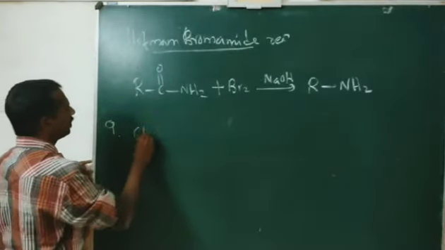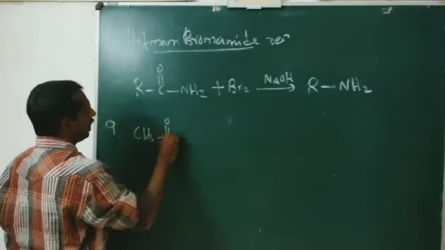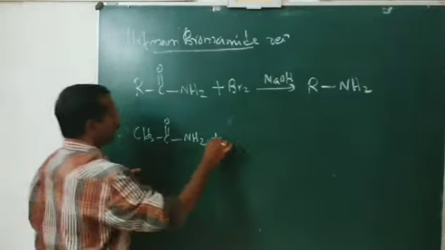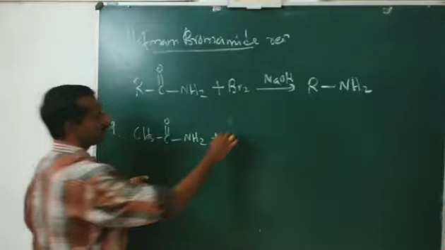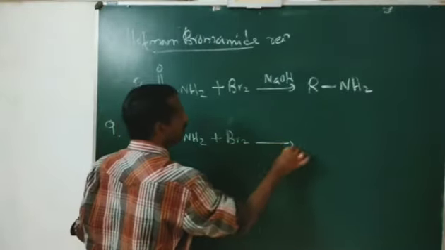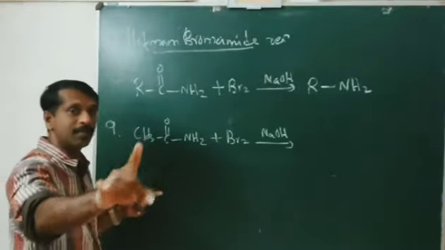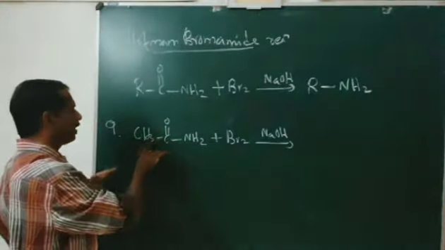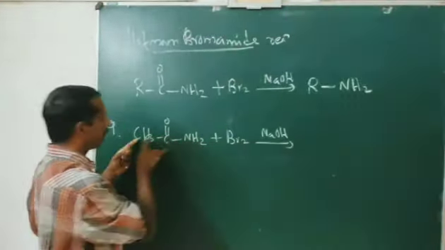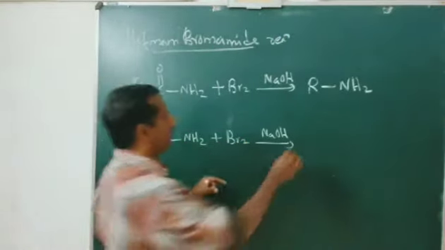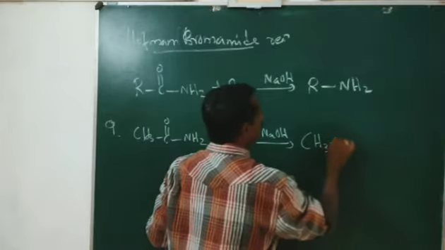Example: CH3CONH2. This amide contains two carbon atoms. When it is treated with Br2 in presence of NaOH, you get an amine which contains one carbon less than the amide, that is CH3NH2.